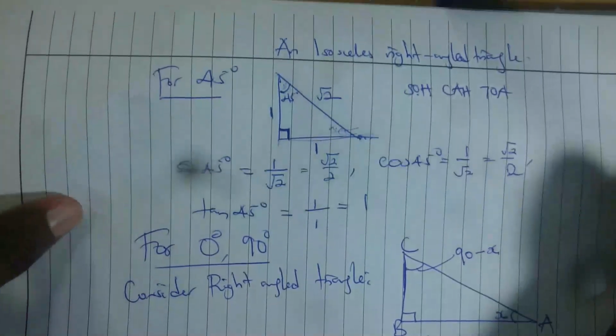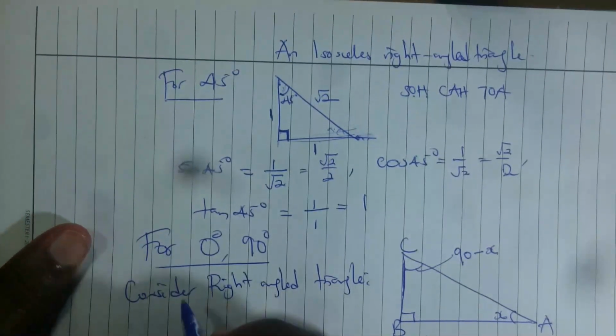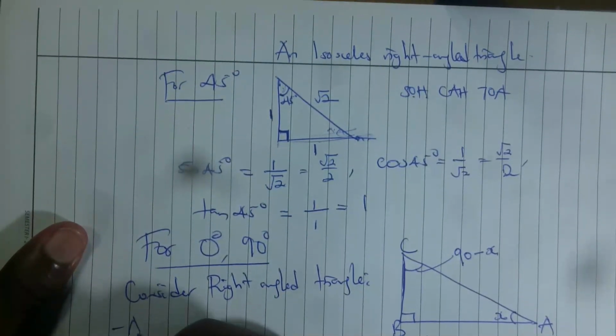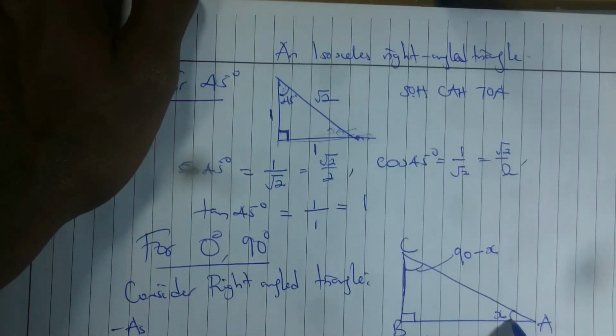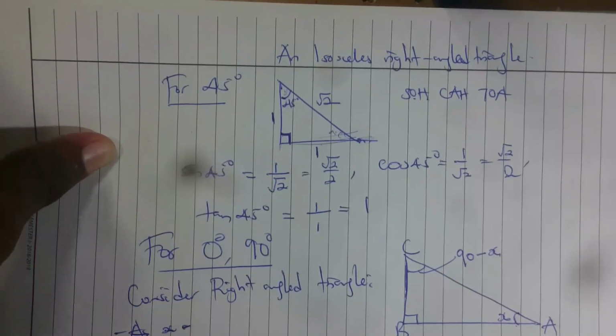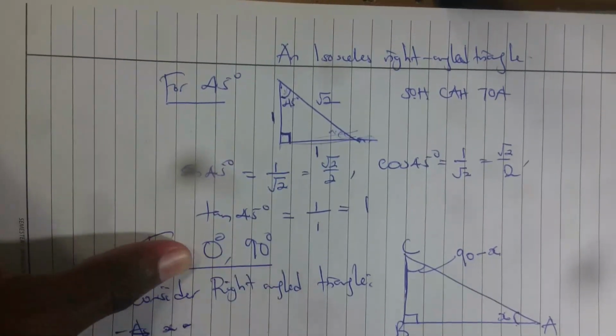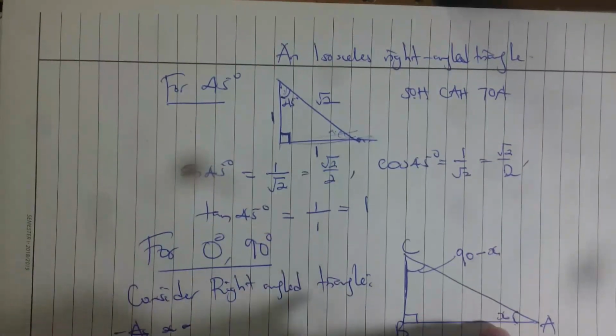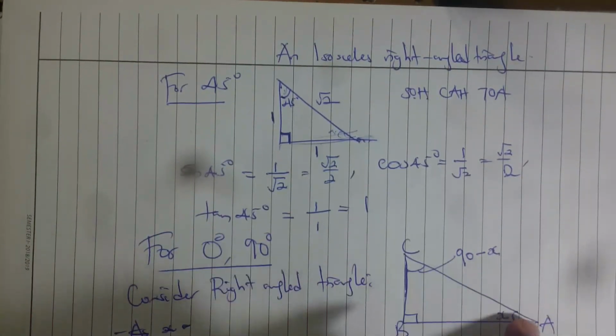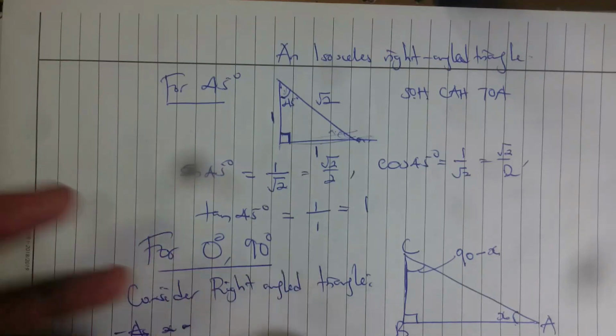Remember one thing: for us to create 0 degrees, we can start from here. So let's start with 0 degrees, and for that we need to make sure that x is 0. That means we look at the condition when x approaches 0, and see what happens.